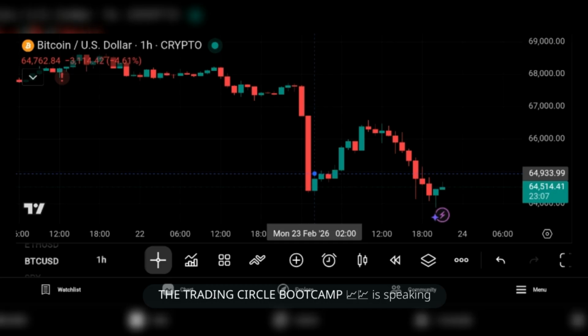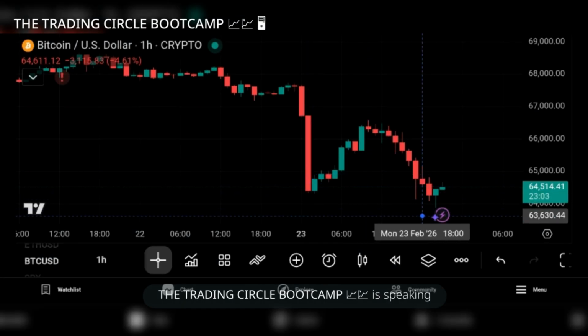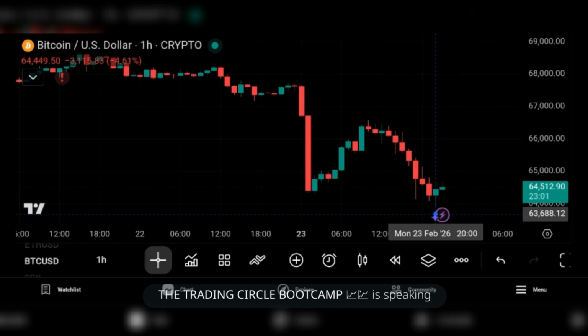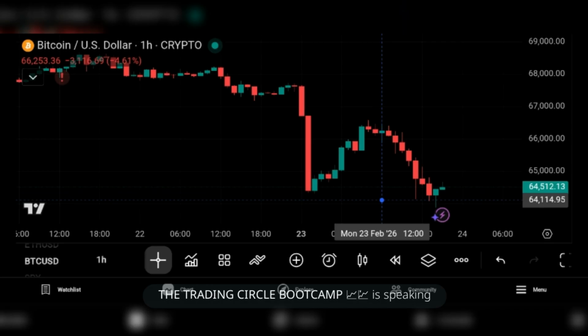The head on top of that wick is called the body. This is the candle that we're discussing right now. So the head is called a body. The straight line is called the wick. Now, if you look at the color, you see that it is green. And I say green means bullish, right? So why is it green?